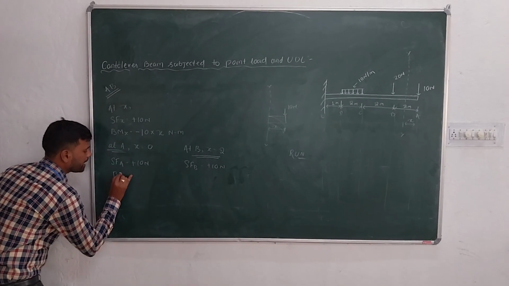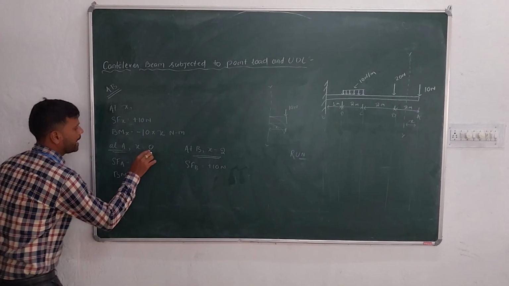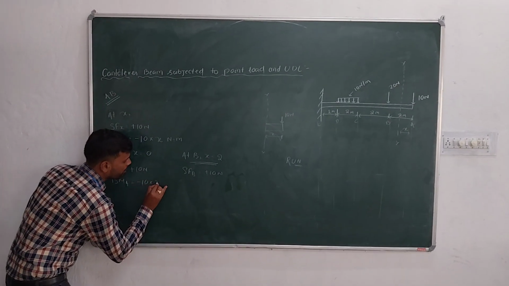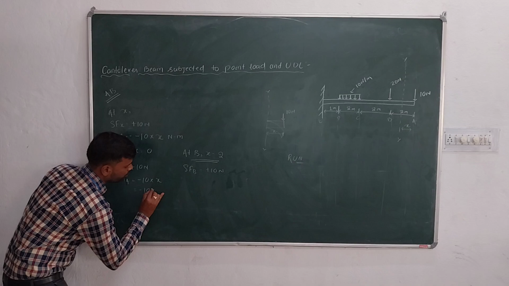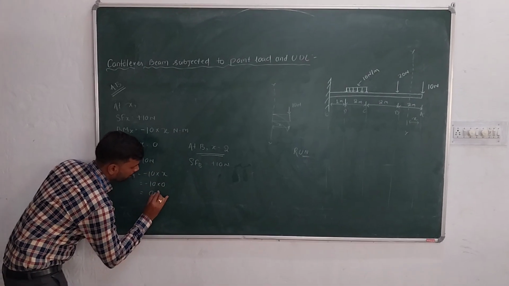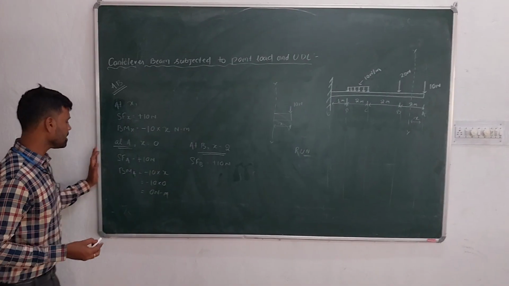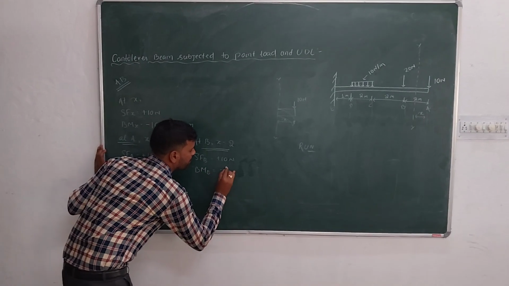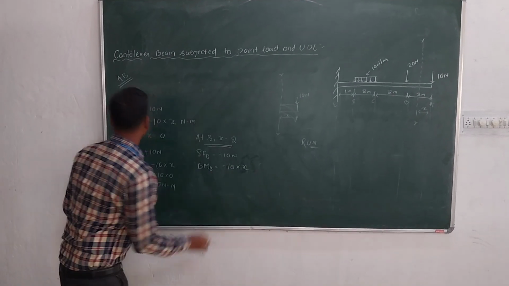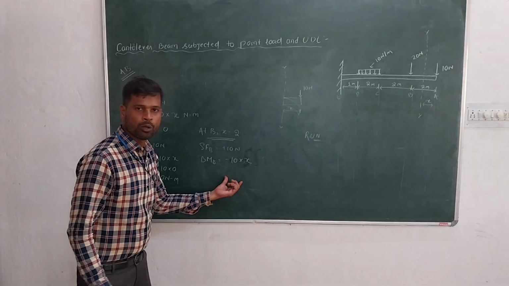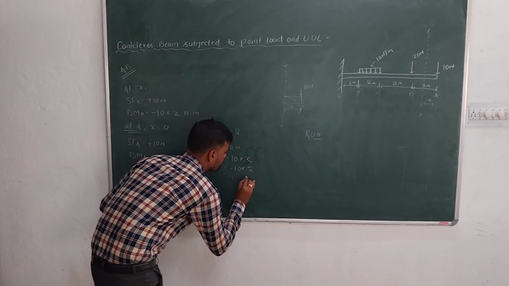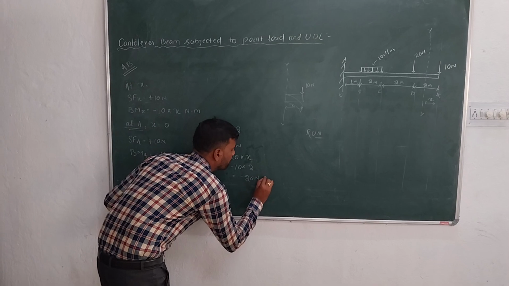Then BM at A, here x is equal to 0, so minus 10 into 0, that is 0 Newton meter. Similarly, BM at B is minus 10 into x, and at B x is 2, so minus 10 into 2, that is minus 20 Newton meter.